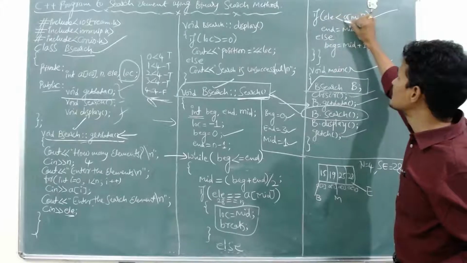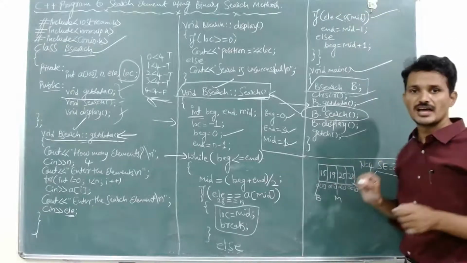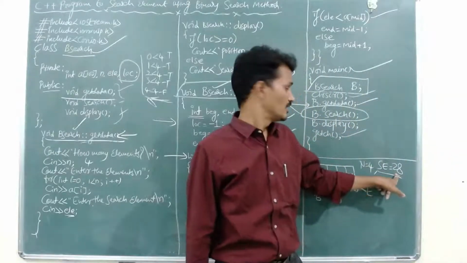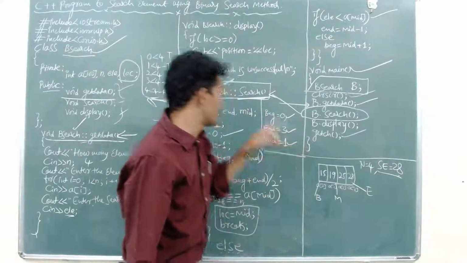If element is less than a of mid, element means searching element, that is 28. There you can see here 28. A of mid means a of 1.